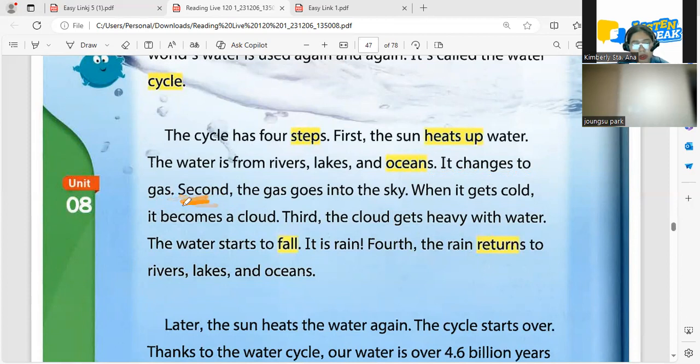Second, the gas goes into the sky. It gets cold. It becomes a cloud.